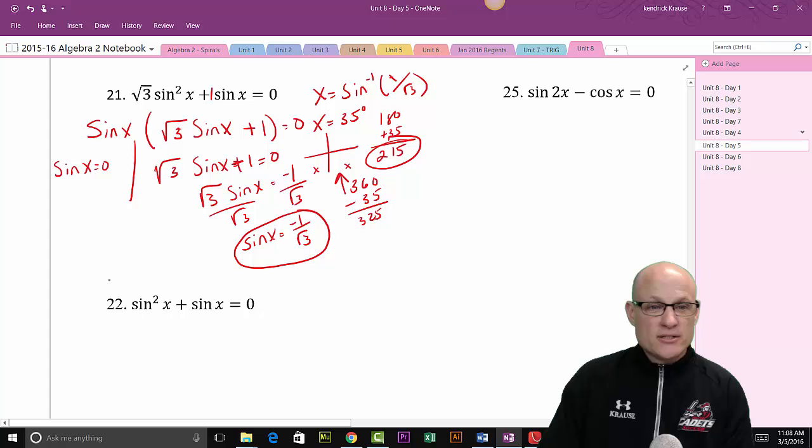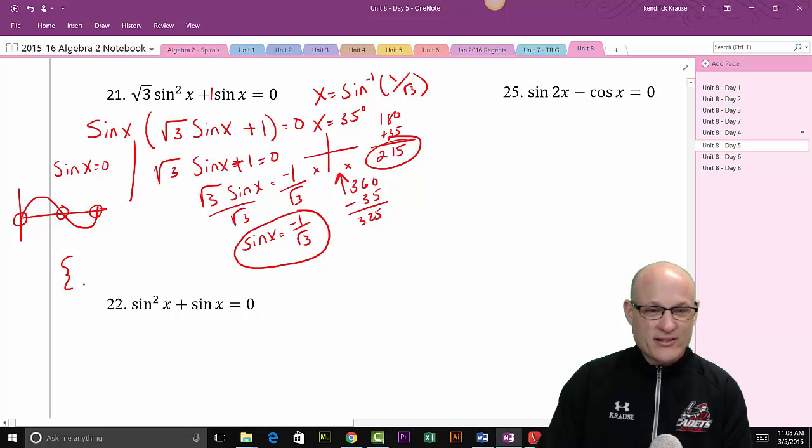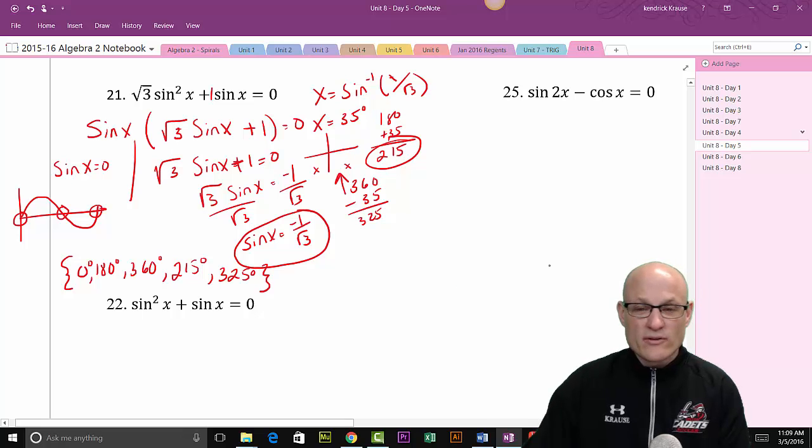Sine is 0, let's see, well, that's at 0, 180, and 360. So I got 5 answers to this: 0, 180, 360 degrees, and I got these two, 215 degrees and 325 degrees. Holy mackerel. All of those answers work for this problem.